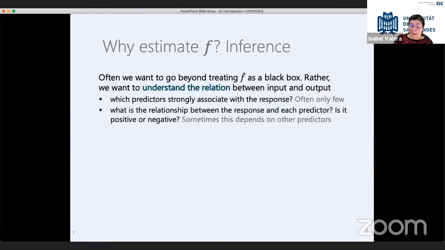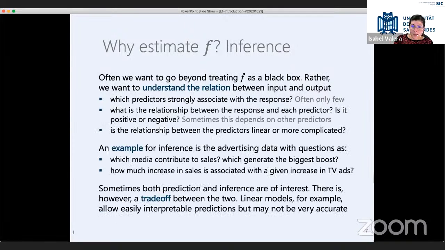As I was mentioning before, you might wonder why you want to estimate f, and I think I already spoiled the reasons. The first reason is to understand the relationship between input and output, so that whenever you see a set of inputs but you don't know the output, you are able to predict it.